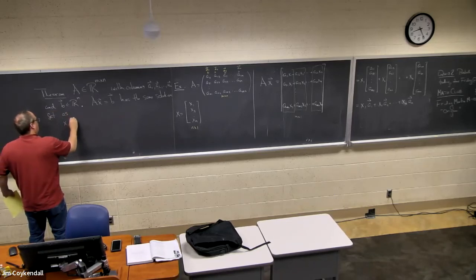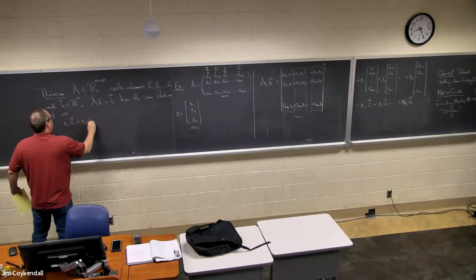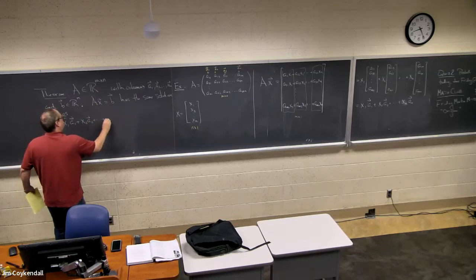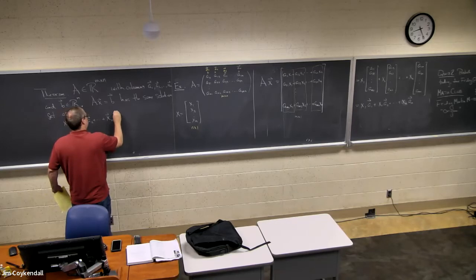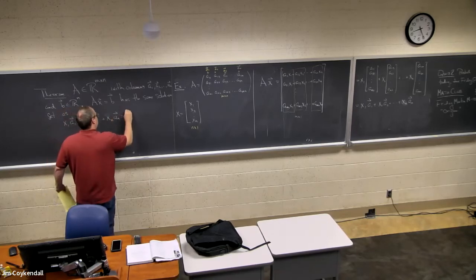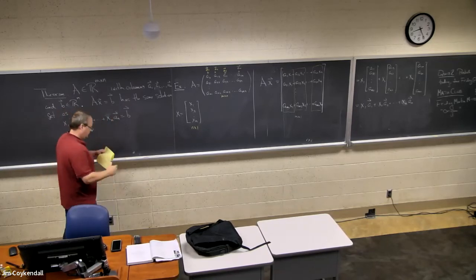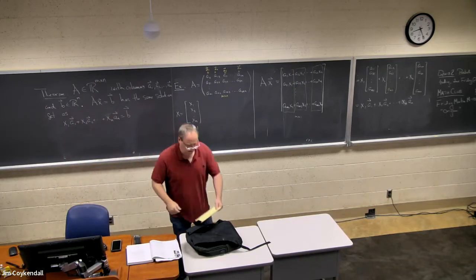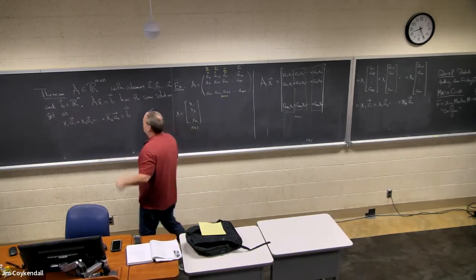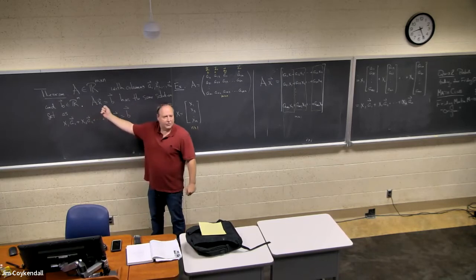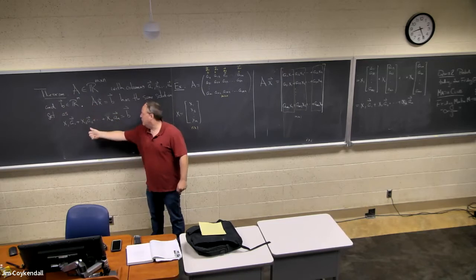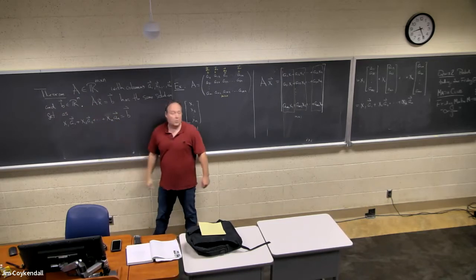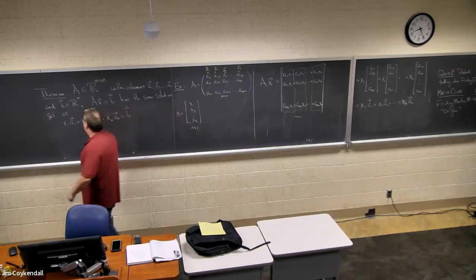X1 A1 plus X2 A2 plus up to Xn An equals B. And really all this is just me writing down what this means, because we already said that AX is equal to this thing on the left side of this equation.